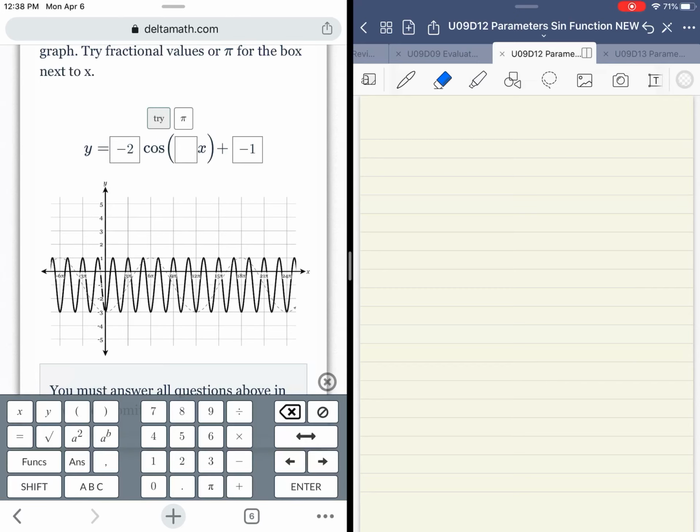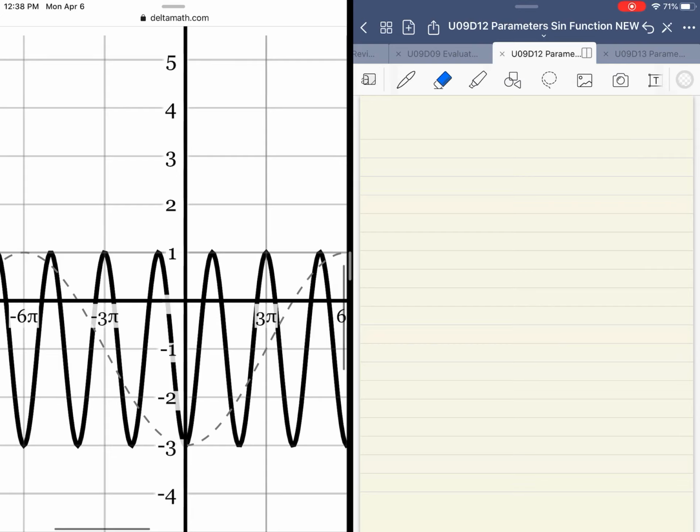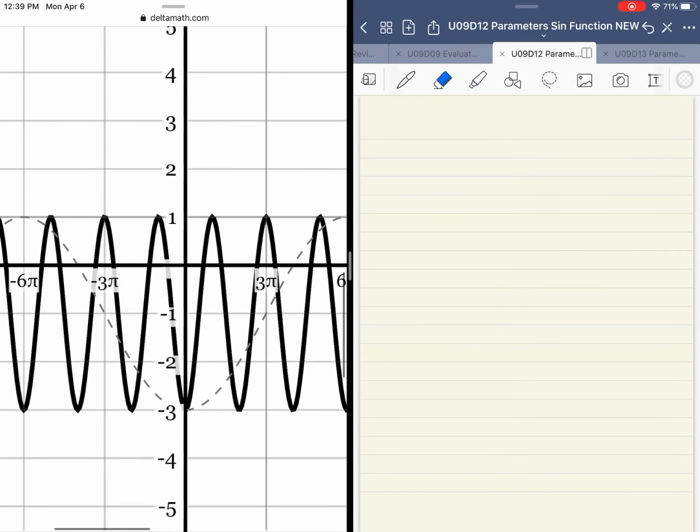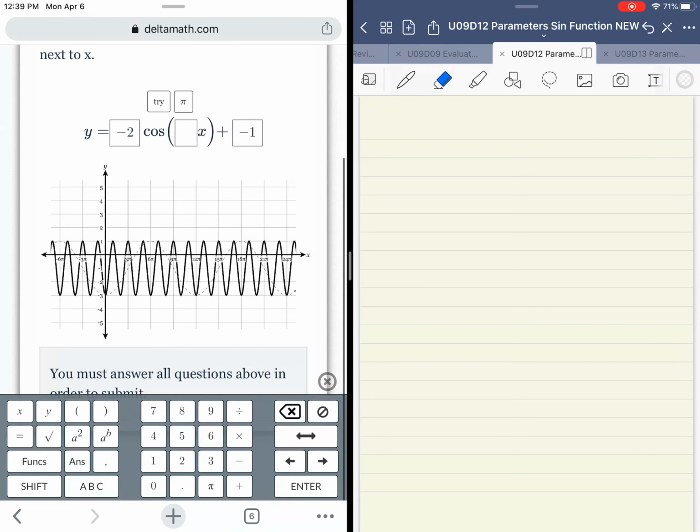And now I have to figure out where this graph is completed. Now, it tells us a cosine graph. That's important to know. So it starts at the bottom, and it goes all the way up and back to the bottom one time over here. So this is not a really easy number to read, this point where the curve completes. So I'm just going to see if I can find a place where a curve completes. So I see at 6 pi, we have 1, 2, 3 full curves.